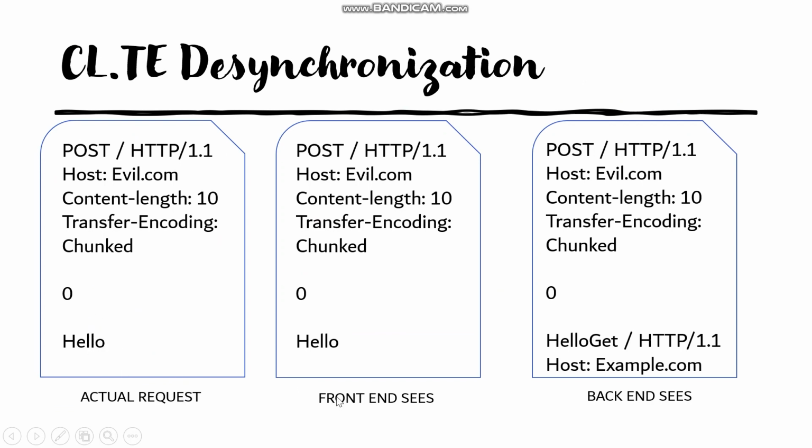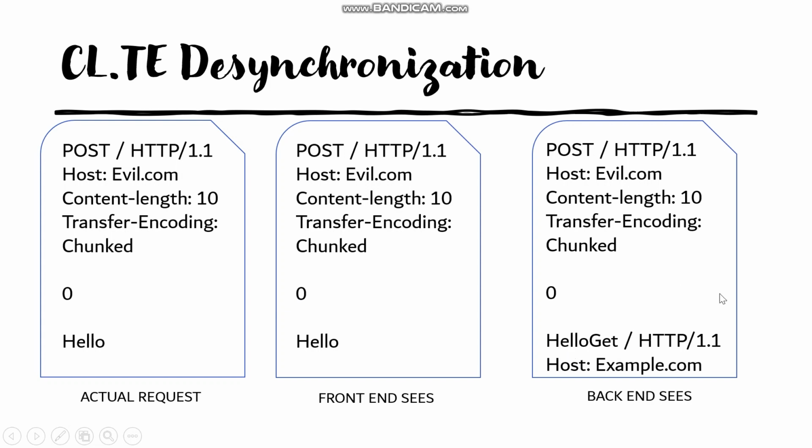Now what is CLTE? This is an actual request which is 0 hello. The front end sees it as 0 hello, and what the backend sees is 0 hello get. You already know that with transfer encoding chunked, the first message being 0 means this is a terminating chunk and there are no more requests to be sent. But we have sent hello here, which means hello will be appended to the next request.